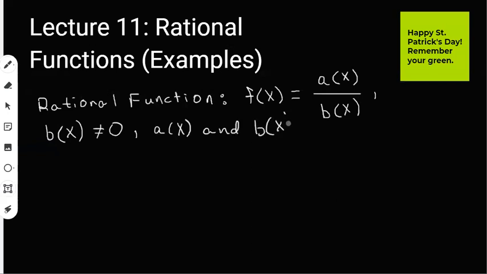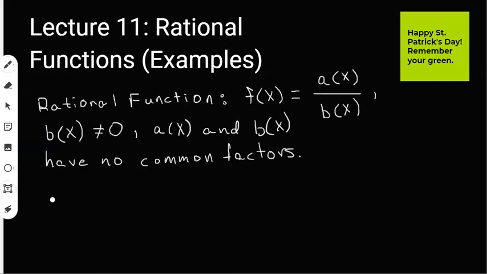That's really important, because for every single question, before you do anything, you have to factor the top as much as you can and factor the bottom as much as you can, even if you can't do it. Because sometimes factors on the top and the bottom are going to be equal to each other. In that case, they match up and you can cancel them out, and you can actually reduce that fraction down.